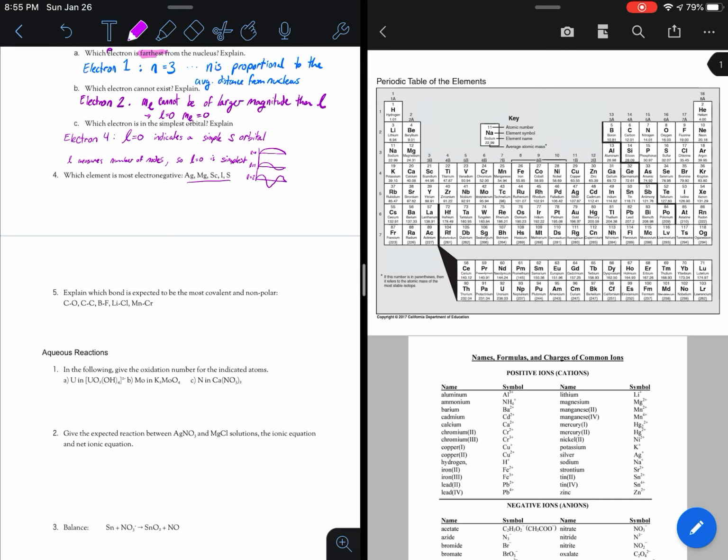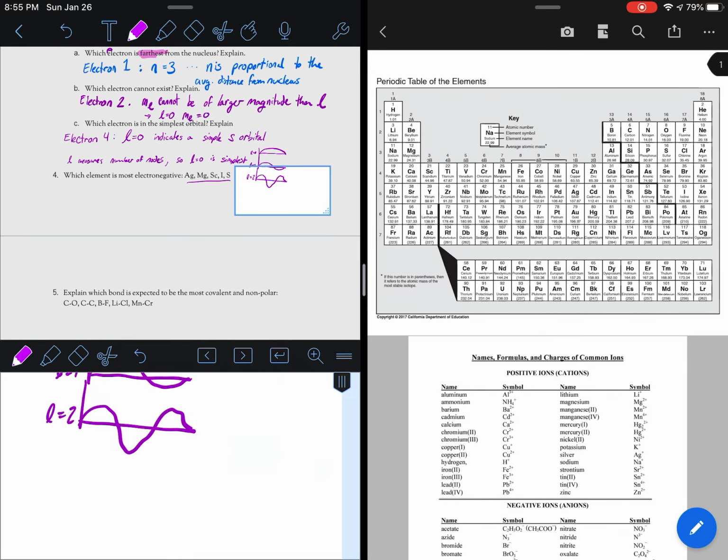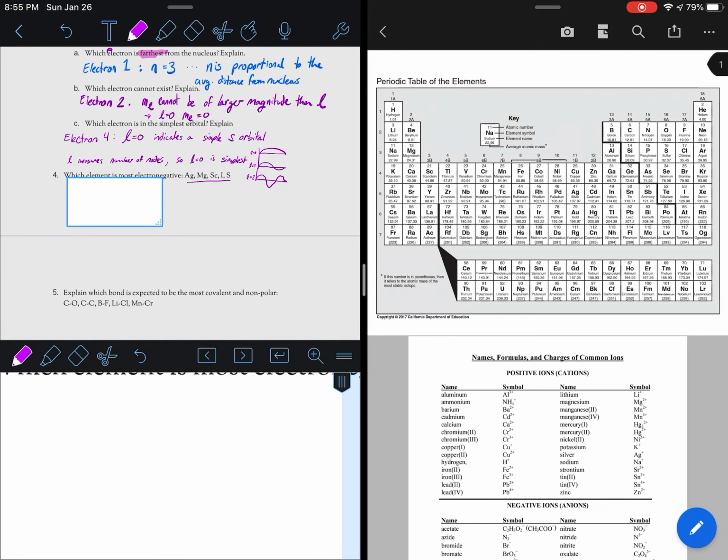Scandium is on the right, isn't it? No, left. It's way over on the left again. And I have iodine, which is down on the bottom of the halogens. And I have sulfur. The rule of thumb is the element that is closest to fluorine is the most electronegative. So that would be sulfur as the winner.